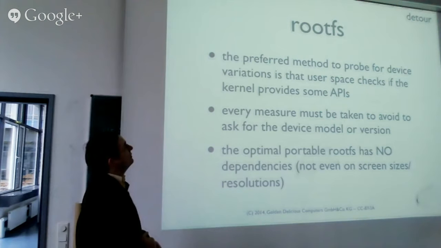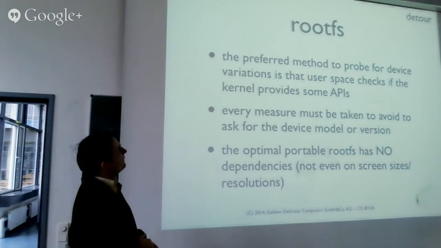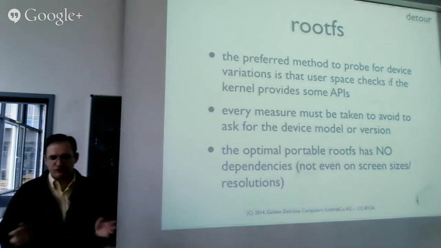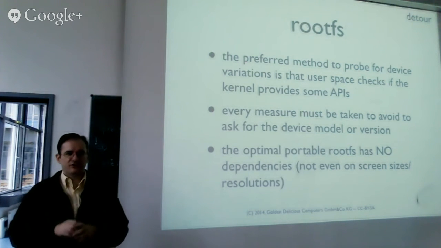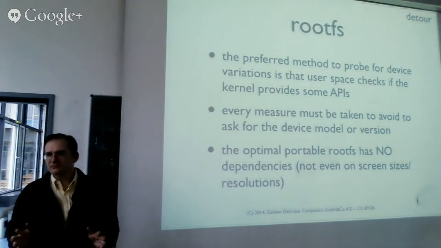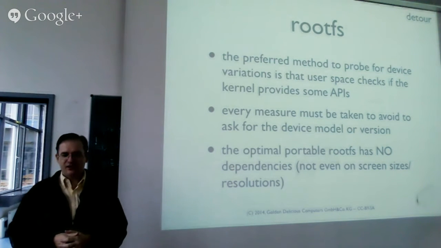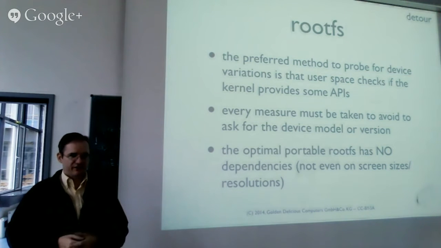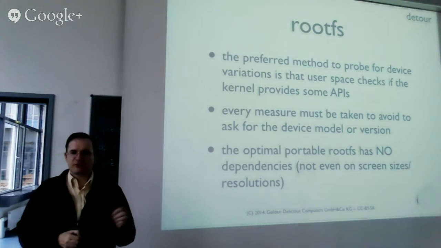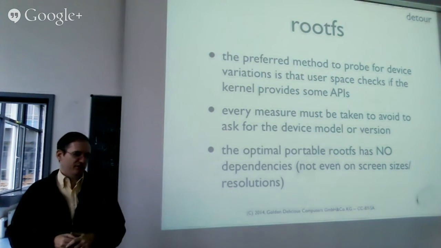In the root file system, with configuration, the root file system should never probe for the device name, or at least try to avoid that. It should check if features are available. If the kernel is presenting, let's say, a touchscreen, if the kernel is presenting an Ethernet interface or not, and should react on that.